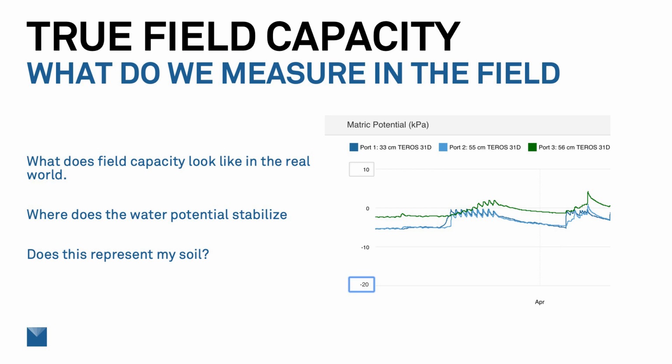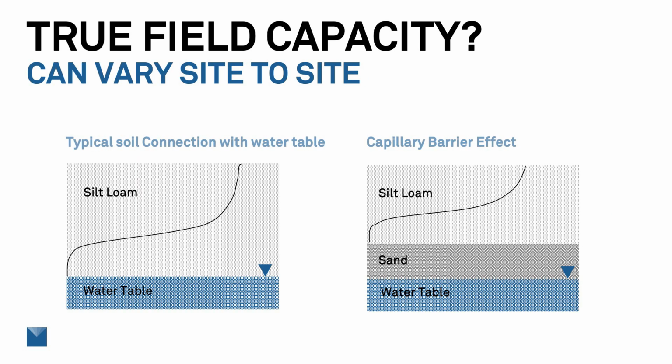Well, it really depends on a lot of factors. What I'm trying to say here is that it's really important to understand your site and the properties of your site to understand what true field capacity is going to be. One of the main things that can govern field capacity is water table height. Here we have an example of a silt loam soil and the water table position.